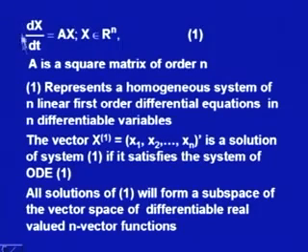When you cannot form dx by dt, there is no question of satisfying this differential equation. So, first thing is that this has to be a differentiable function, and when you substitute it here, this should satisfy this differential equation. So, each solution vector is a vector in n dimension.